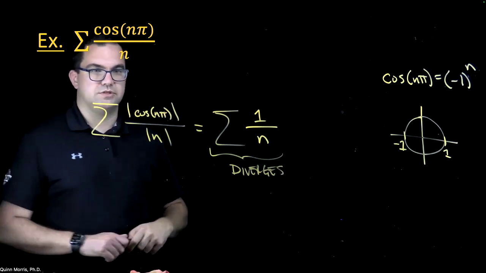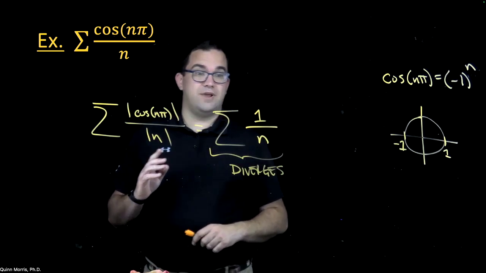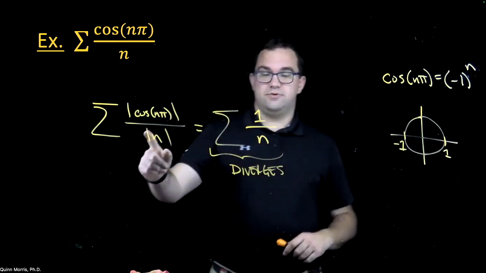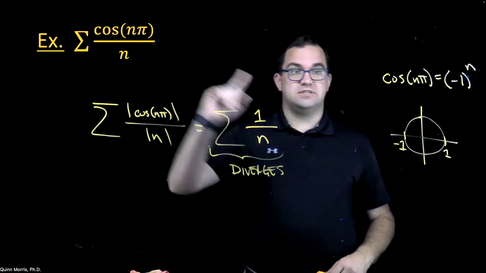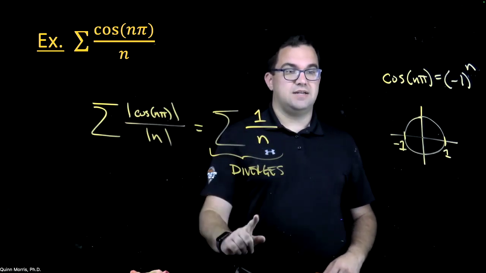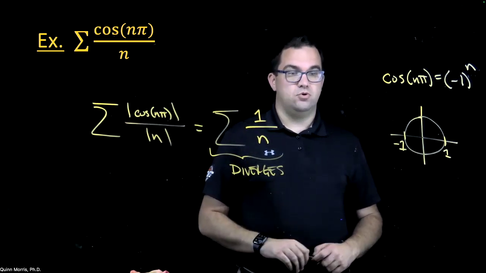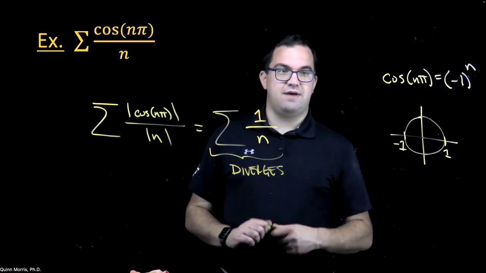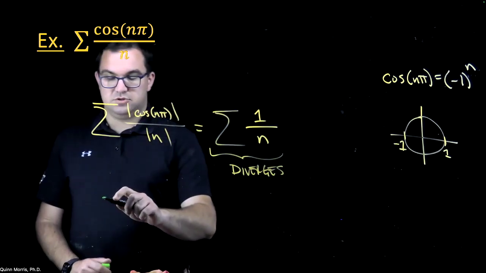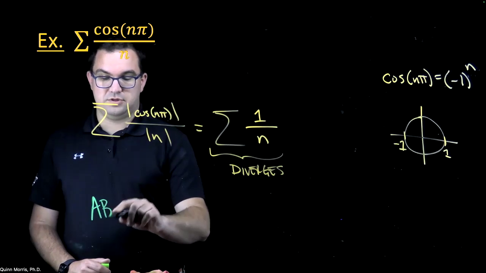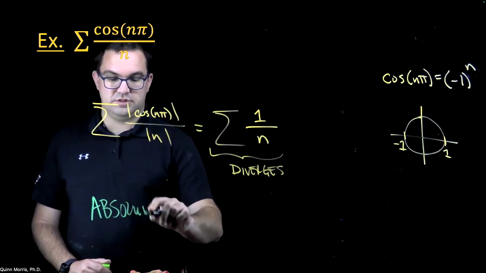This series diverges. Now the absolute value test says if the series of absolute values converges, then the series converges. It does not tell you anything about what happens when the series of absolute values diverges. So in fact, here, the absolute value test is inconclusive.